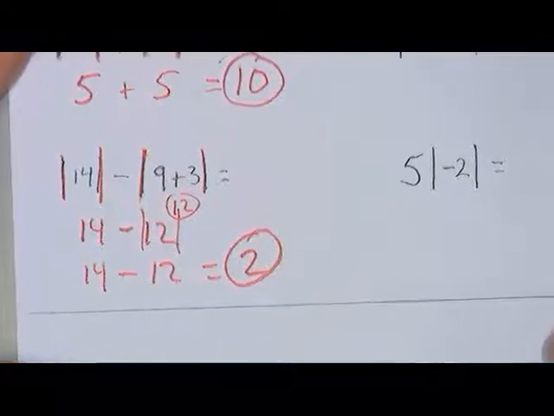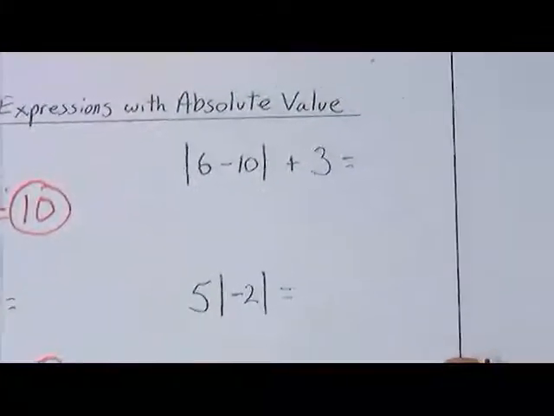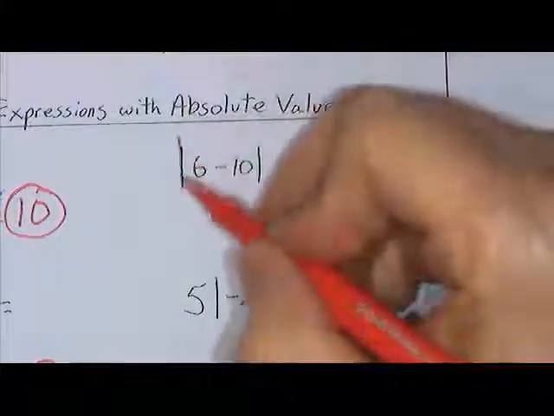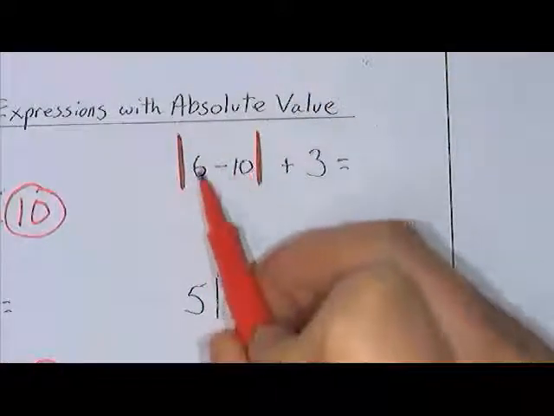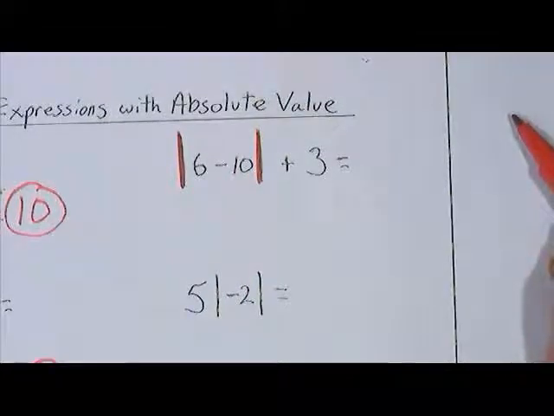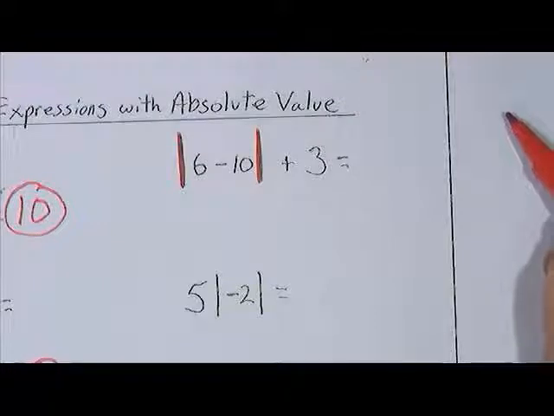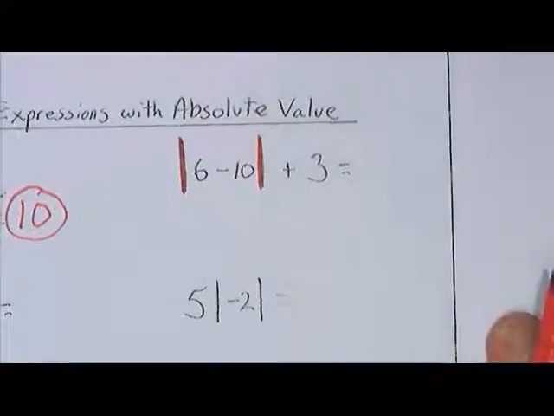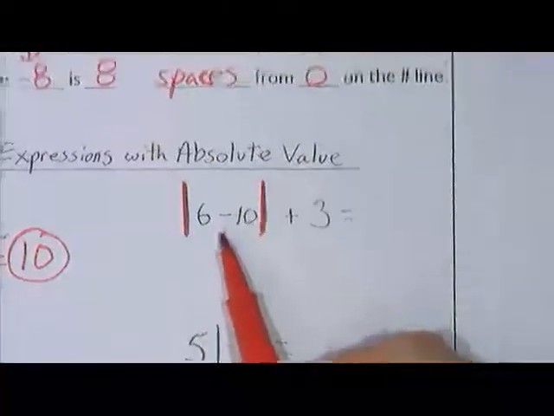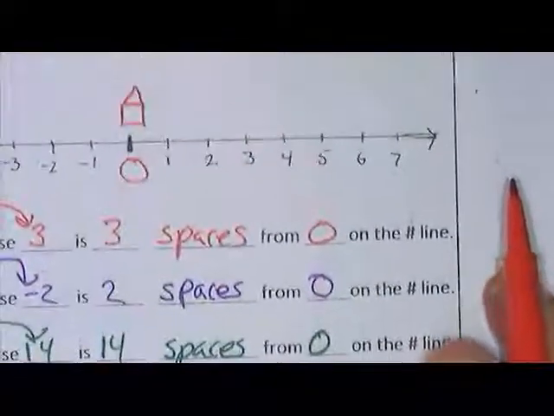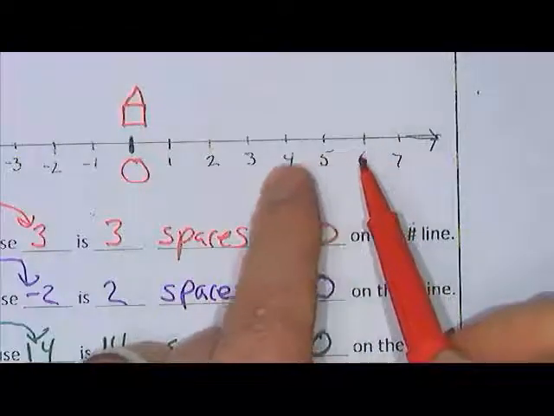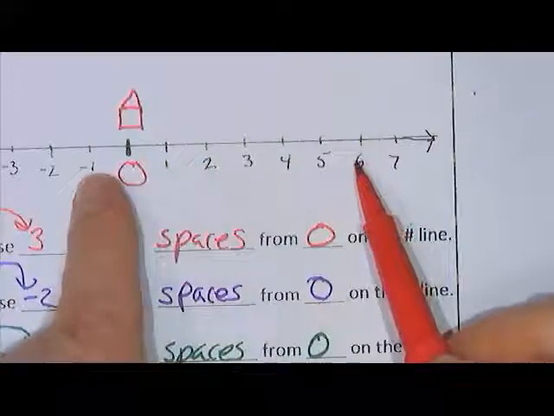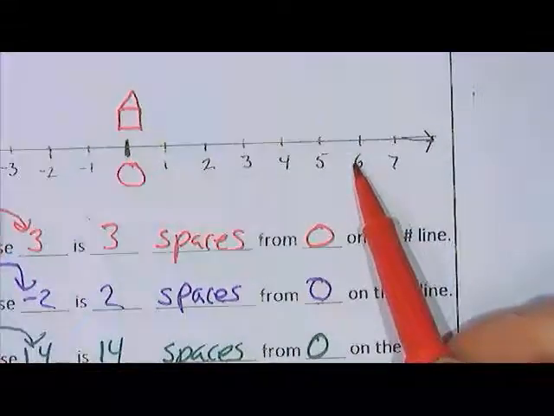Okay, let's go to the upper right. This one's a little tricky. We have to figure this out first. 6 take away 10. What would that be? If you did not know that and you look at the number line here, here's 6, and if I take away 10, 1, 2, 3, 4, 5, 6, 7, 8, 9, 10, I'd be at negative 4.